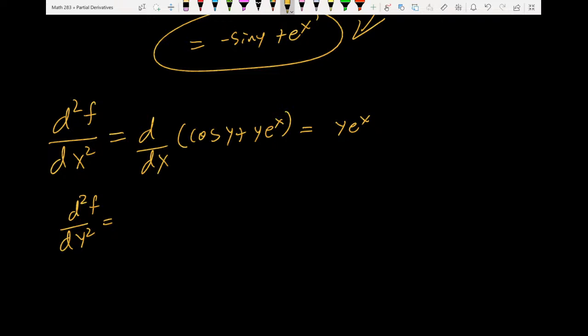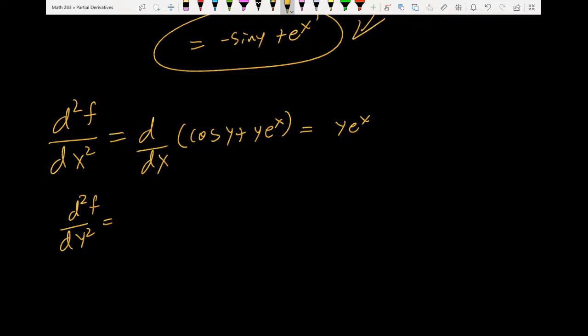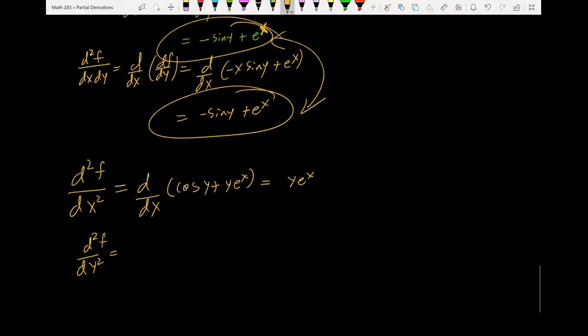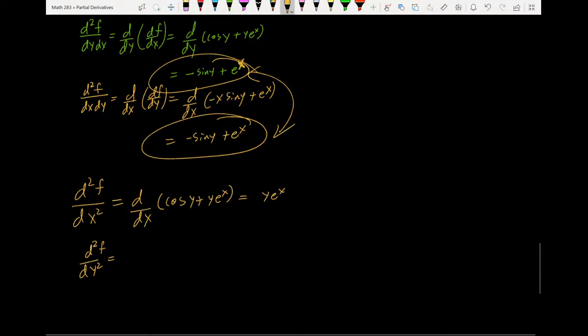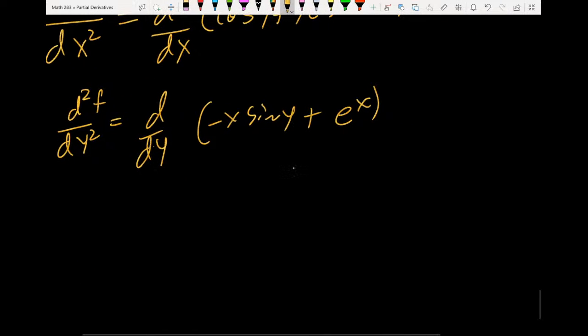And the derivative of that with respect to y, would that be negative cosine of y? There you go, done.